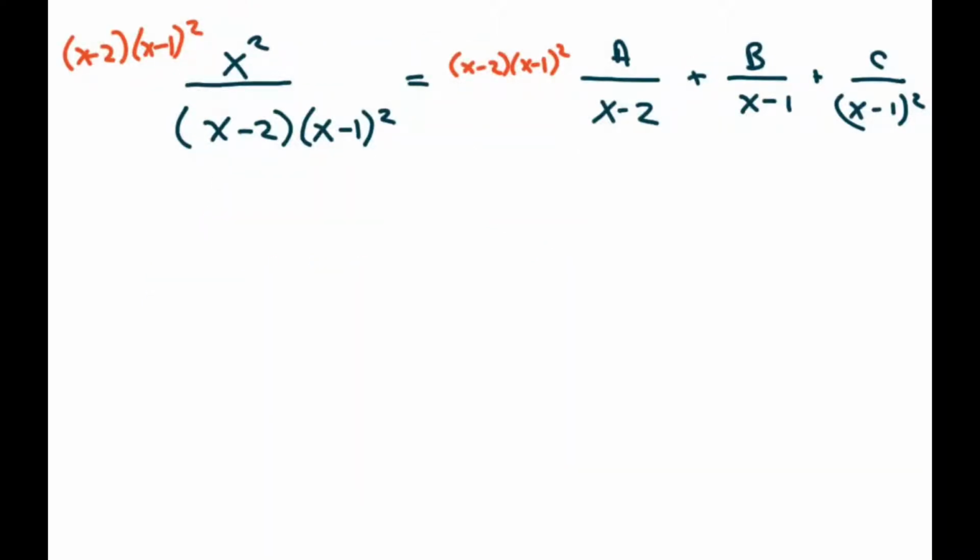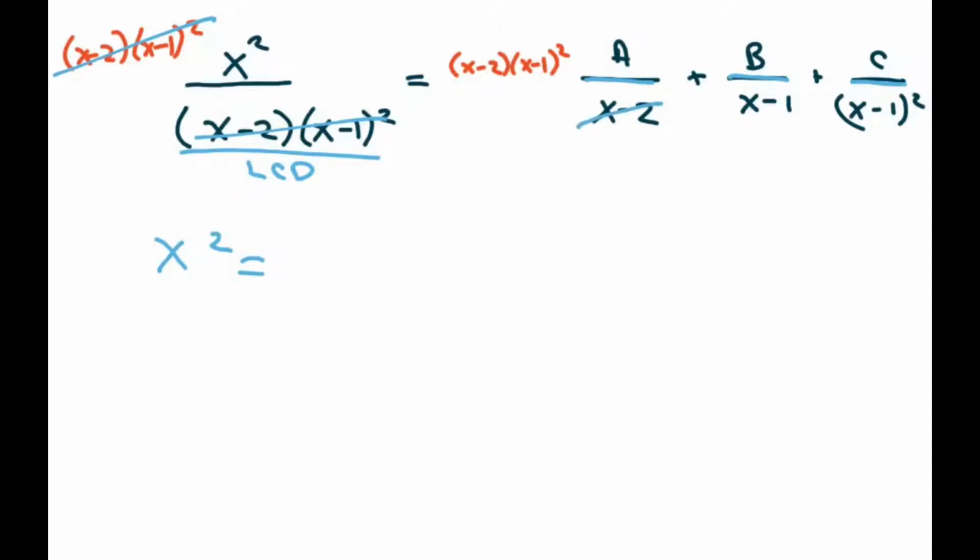So the first thing we want to do is set it up. I'm going to put a constant on top of my linear factors so I can have a proper rational, and then I'm going to eliminate the fractions by multiplying by your LCD, which is your least common denominator. So that crosses out, and we get x squared.